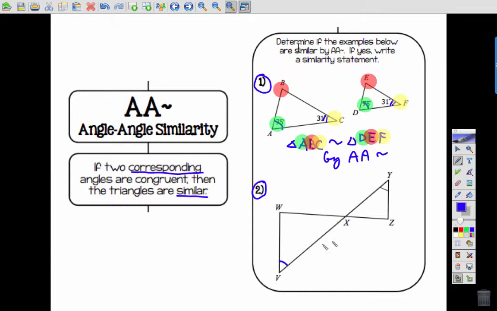So let's look at this example. I have angle V and angle Y congruent. I'm not given any more information, but by the vertical angle theorem, I know my two vertical angles, which I'll call angle 1 and angle 2, are congruent. So therefore, by the AA similarity postulate, and being careful with the sequence, triangle VXW is similar to triangle YXZ.